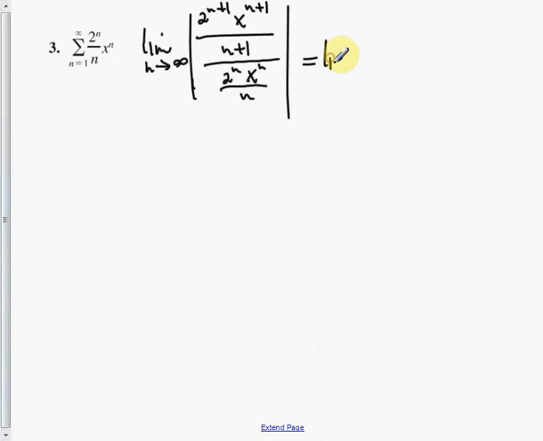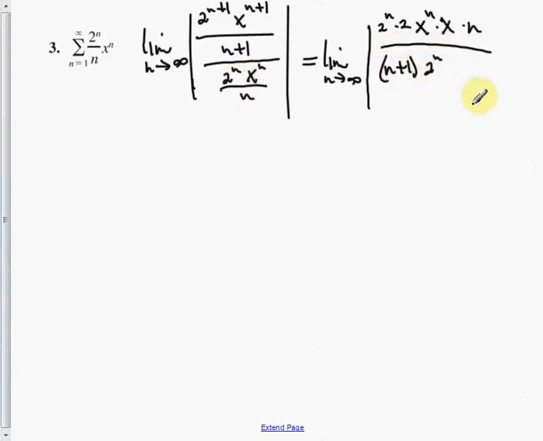Now we can simplify that. This is the limit as n goes to infinity of the absolute value of 2n times 2 times x to the n times x. Now that n downstairs jumps up in that division process. This is divided by n plus 1 times 2n times x to the n.